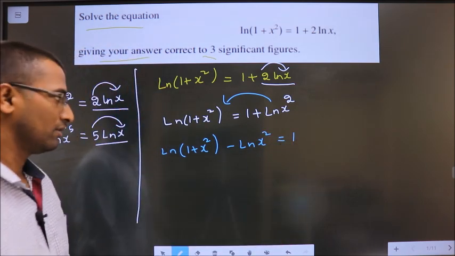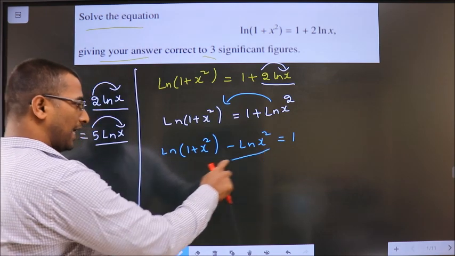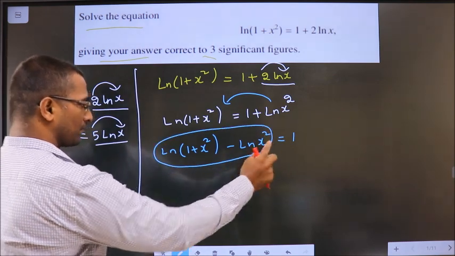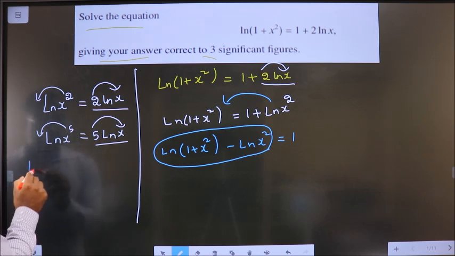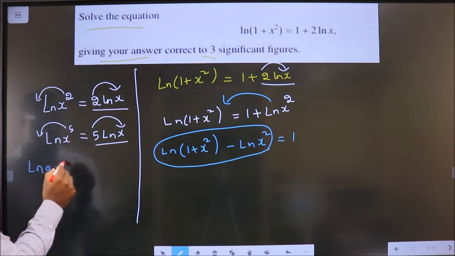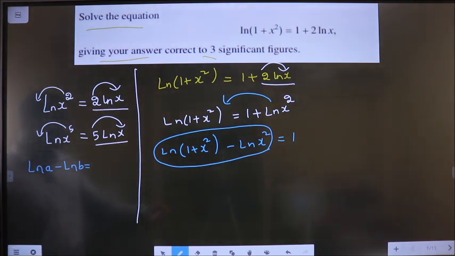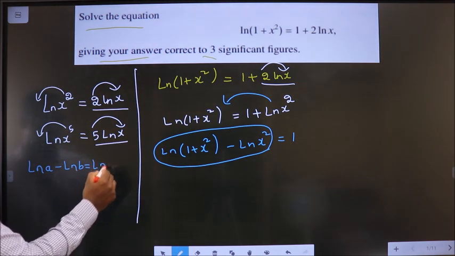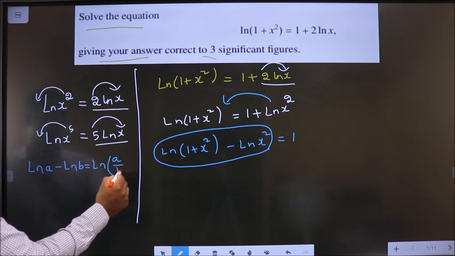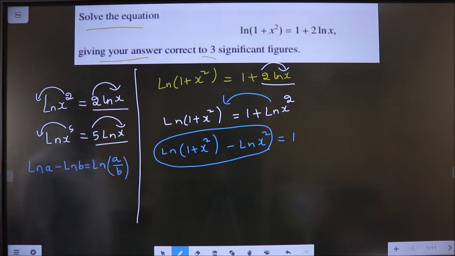Now, what property can I apply over here? In logarithms, another property: ln a − ln b, what does it result in? It results in ln(a/b).